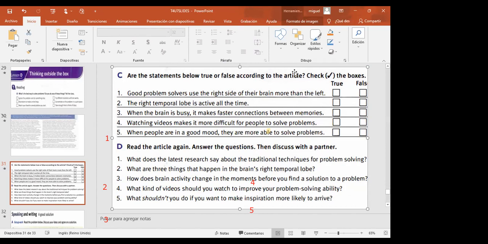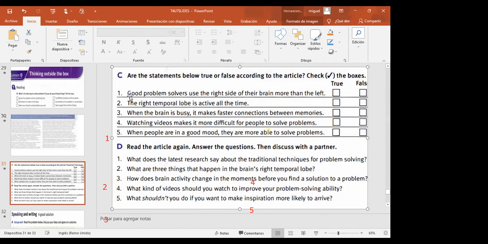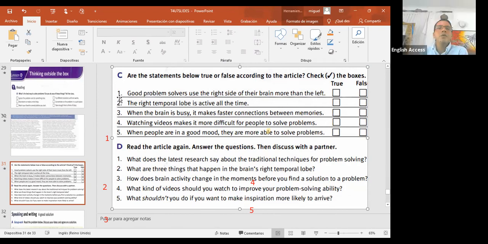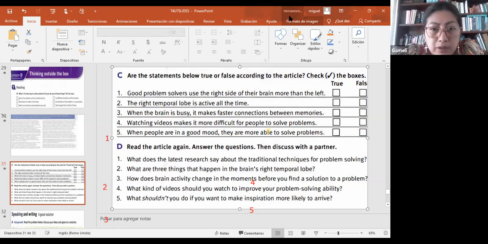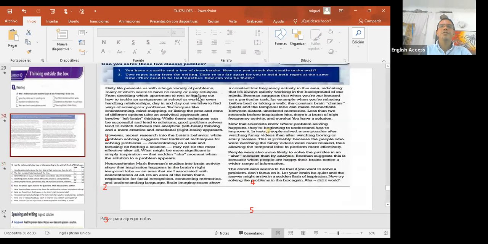Check the boxes. Okay, we have number 1. Gameli, can you read number 1? Yes, good problem solvers use the right side of the brain more than the left. Yes, it's right here. Is it true or false?